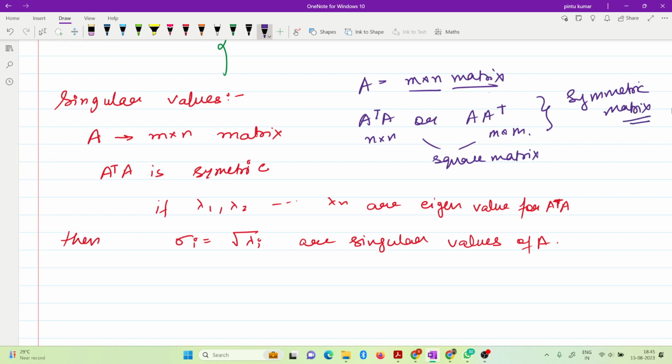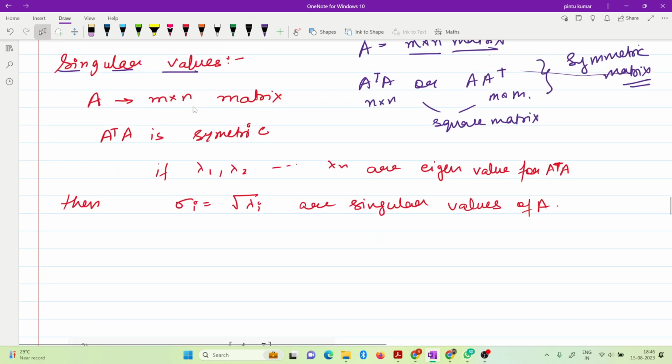Now for a symmetric matrix, we know all the nice properties that they have: eigen decomposition, their inverse is just their transpose, and those kinds of things. So let's define singular values first before getting any further.